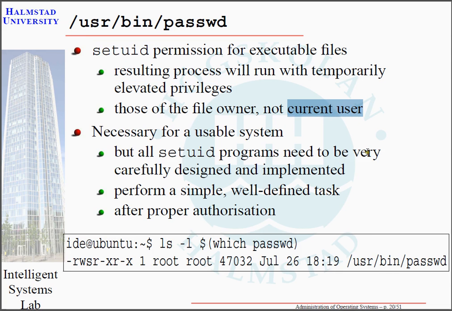Most of the time, when you as a regular user start a process, it will be run with your permissions. The process will only be able to do whatever you are allowed to do. But it works differently for files with the setuid permission set. Now, this kind of functionality is actually necessary for a usable system. Every single operating system has some similar mechanism.